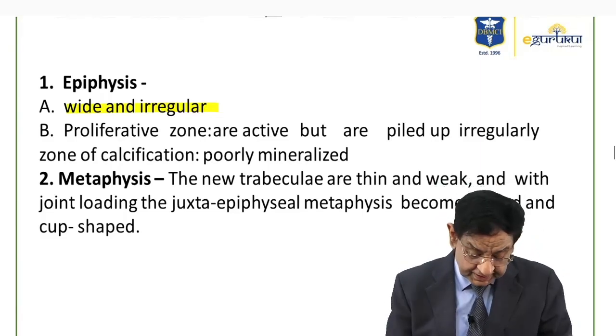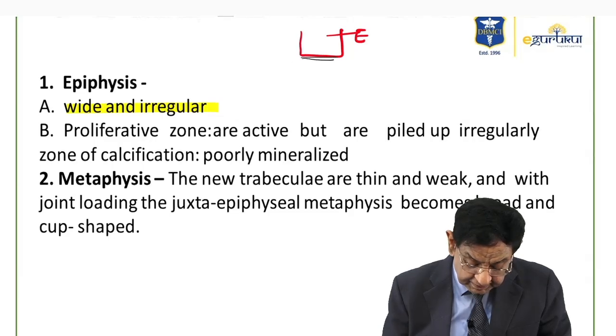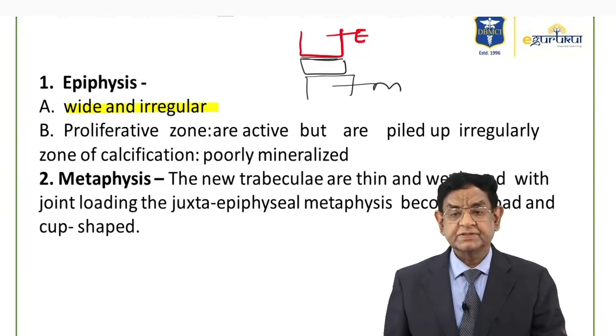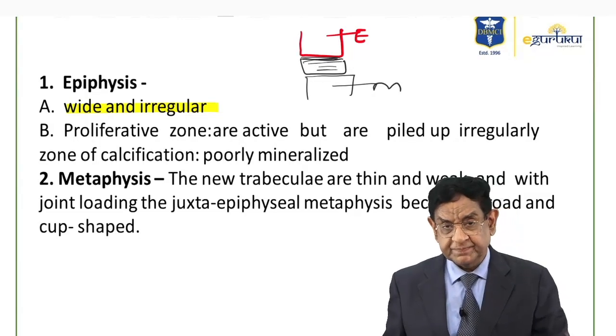Why? So this is the epiphysis, this is the growth plate, and this is the part of metaphysis. Normally it keeps on dividing and it gets calcified.